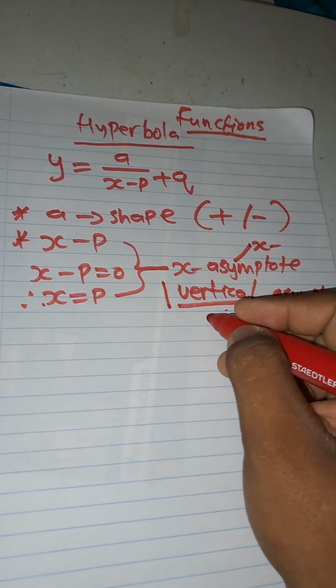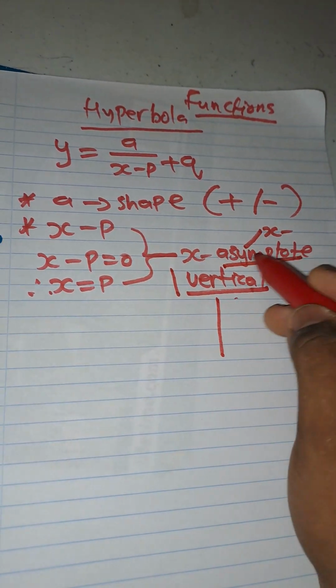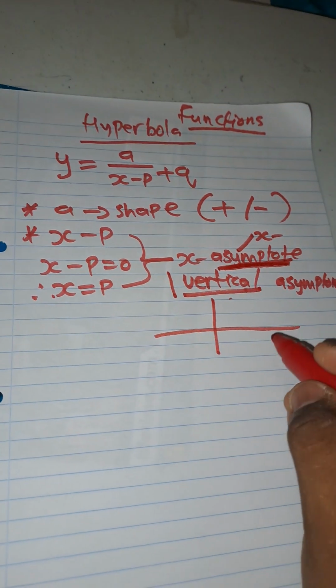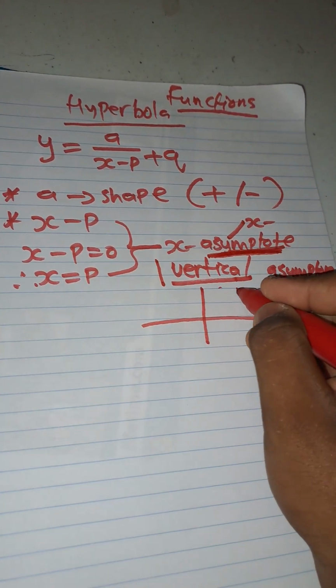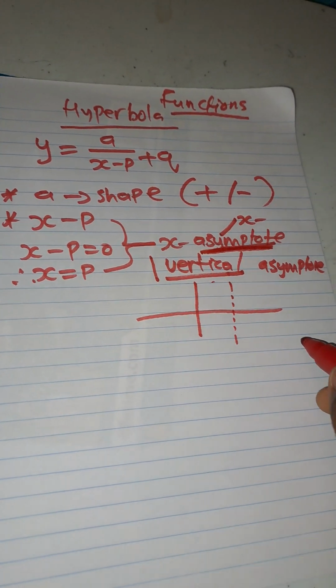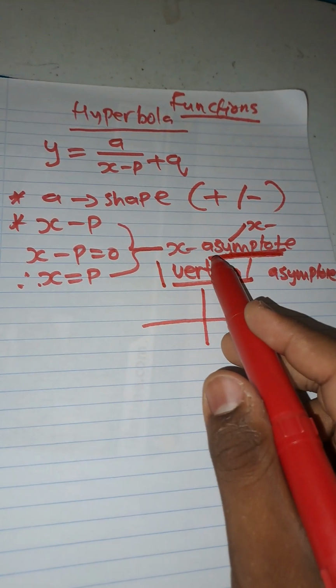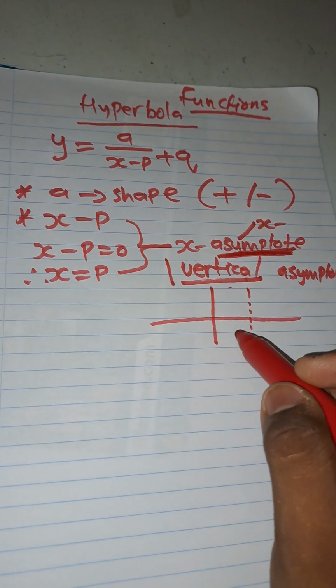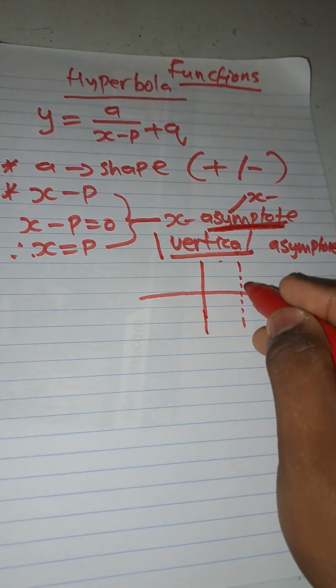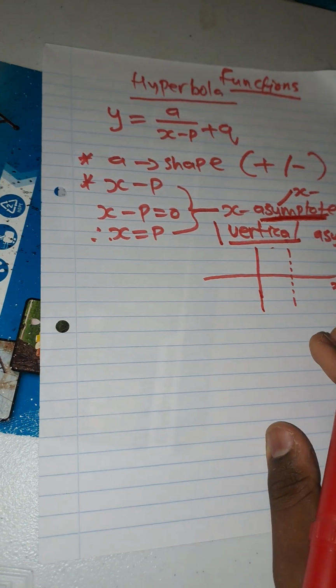So on your graph, this asymptote is your line. It cuts your graph vertically in the x-axis, from up to down.